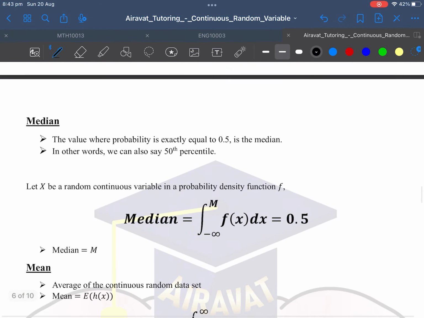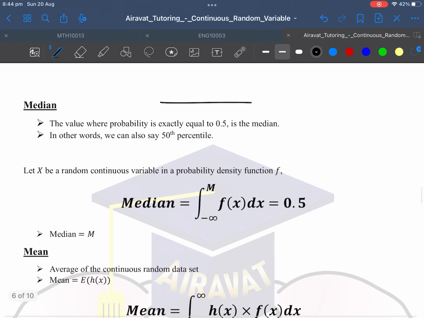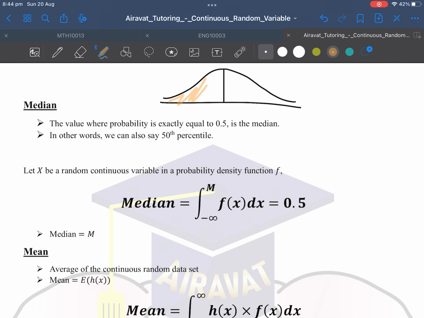We're done with this question, I think. Yep. Alright, so let's move on to mean, median, mode, standard deviation, and all that. Okay, let's do that. So the median is the value where probability is exactly equal to 0.5. What I mean by this is, say that you have your bell distribution over here, and if we divide it into two parts, this area is going to be 0.5, and this area is going to be 0.5.